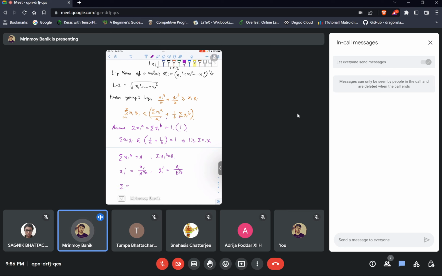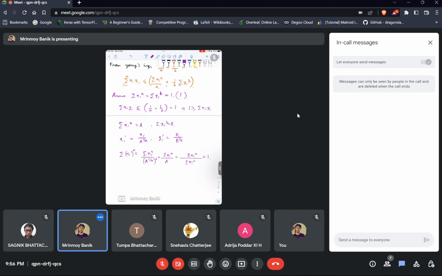Now if we sum xi dash power a, we get the sum of xi power a divided by A, which is A by A, which is 1.